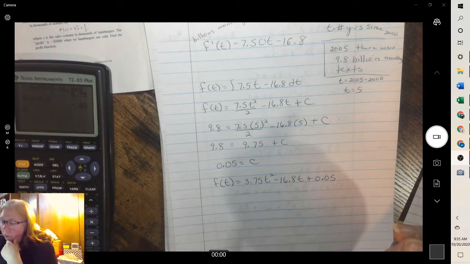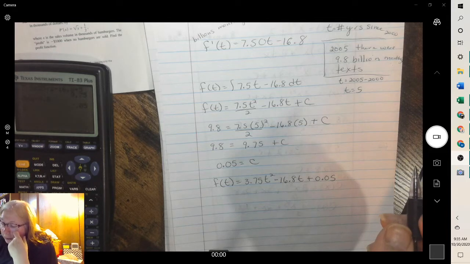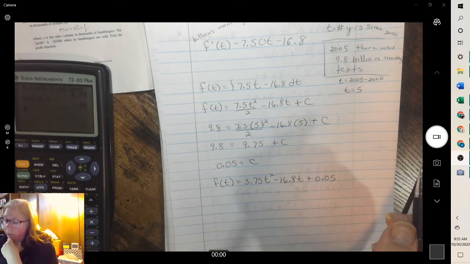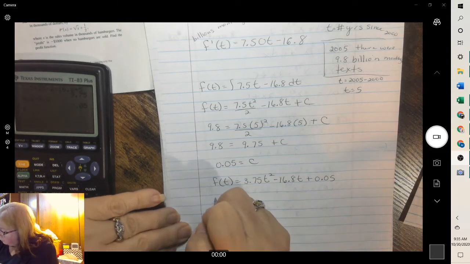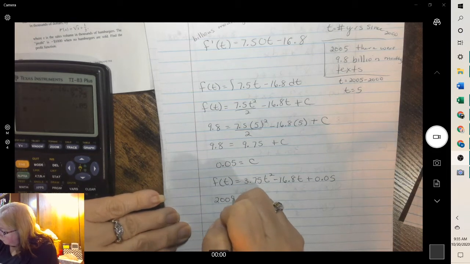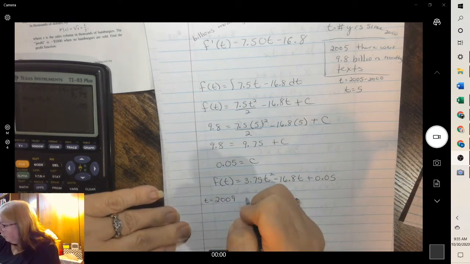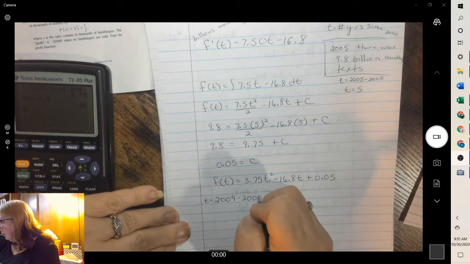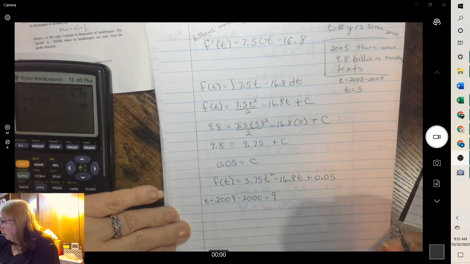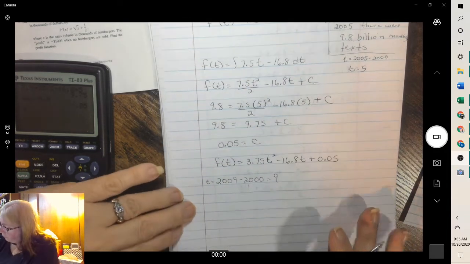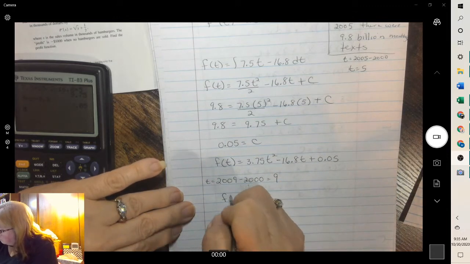Part B says, according to this function, how many monthly text messages were there in 2009? So that means we subtract the 2000. We want t to be 9. We just plug in 9.